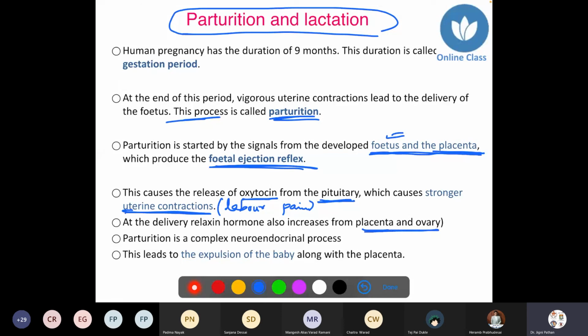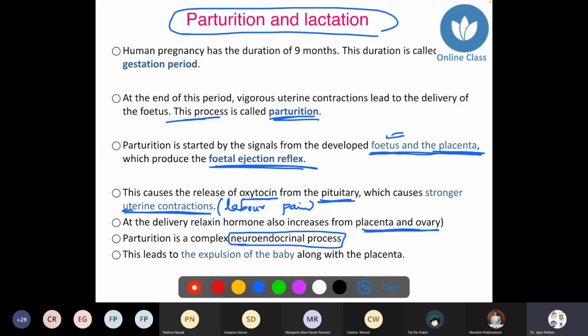Parturition is complex, it's not only endocrine, but it's a neuroendocrine process. Both neurons and the endocrine system play a role because it involves hormones also. This leads to the expulsion of the baby along with the placenta, and this is how parturition, the childbirth, happens in humans.